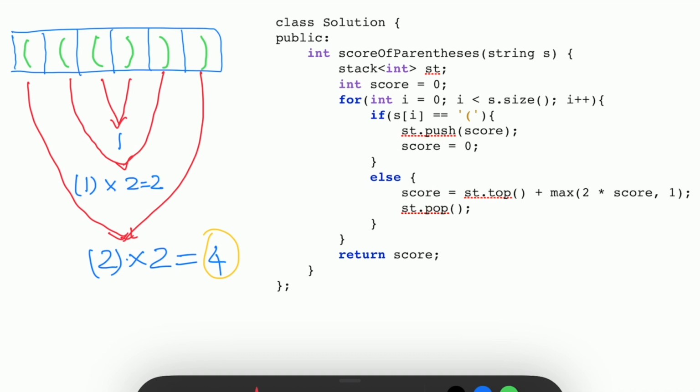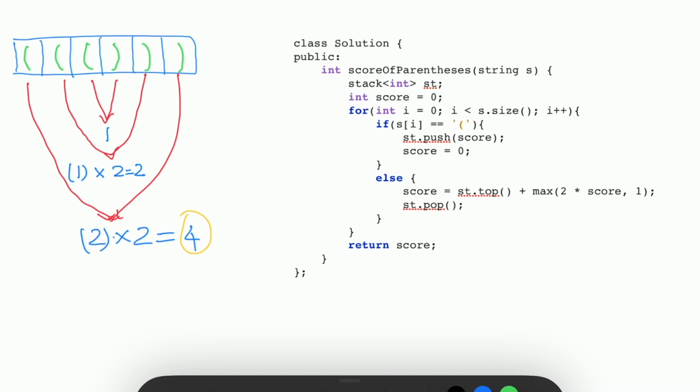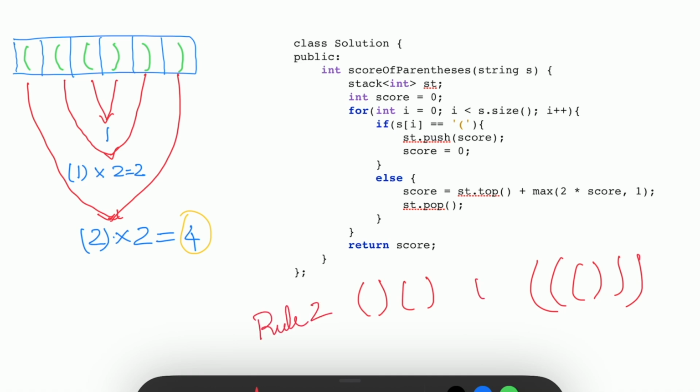If it is open parenthesis, then we will push the previous score into the stack. And then we will assign the current score as 0. And when it is close parenthesis, we need to consider two things, rule 2 and rule 3. So this is rule 2 and this is rule 3.